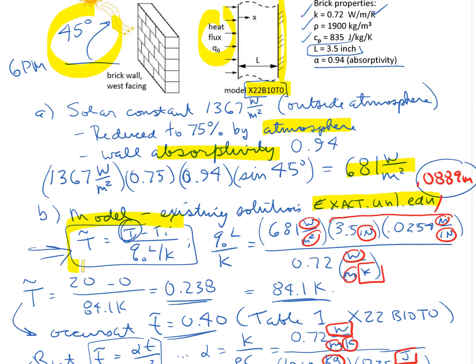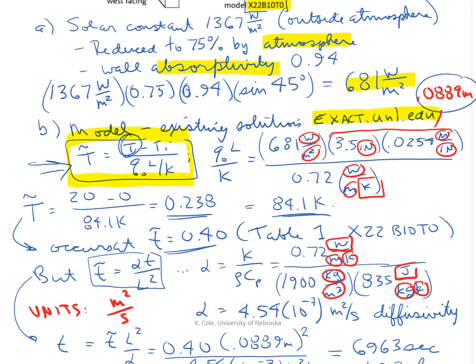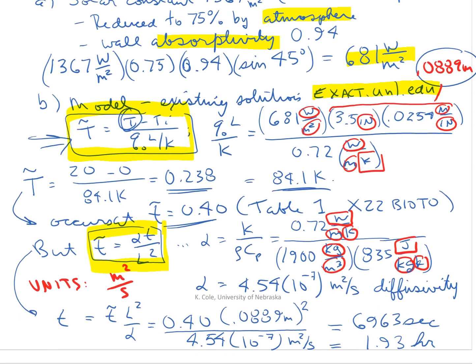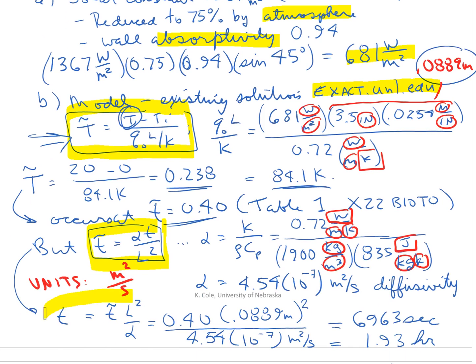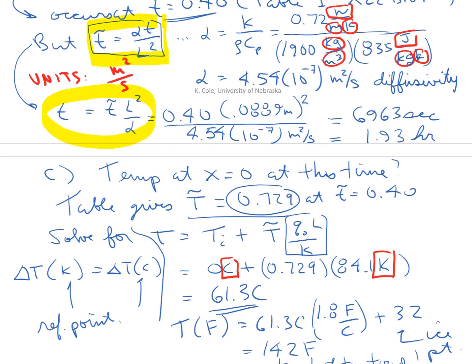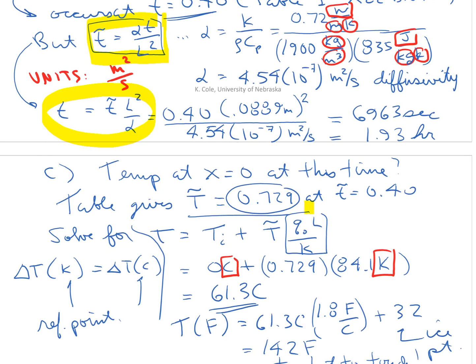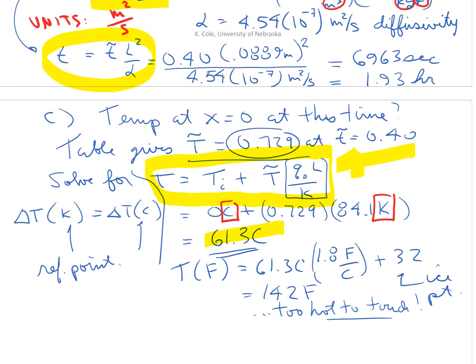We used dimensionless temperature and dimensionless time from table values to unpack the results to get a time in seconds when we rearranged the definition of the dimensionless time, and the temperature at the front wall was found in a similar way. We had to unpack the definition of the dimensionless temperature to get the answer in centigrade. And if you remember that you have to rearrange the definition of the dimensionless temperature to get temperature in centigrade, then all will be well.